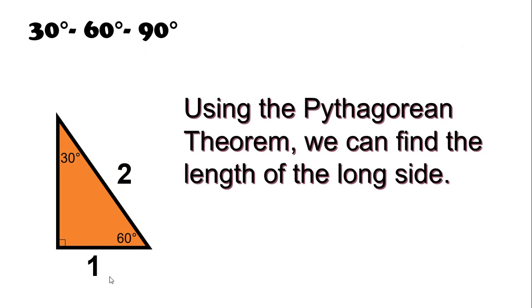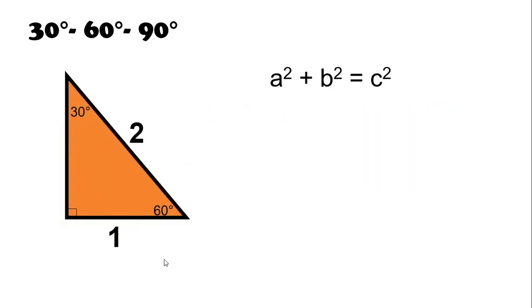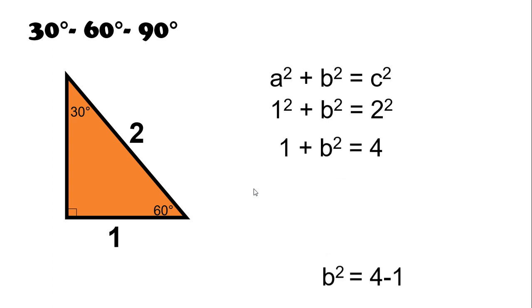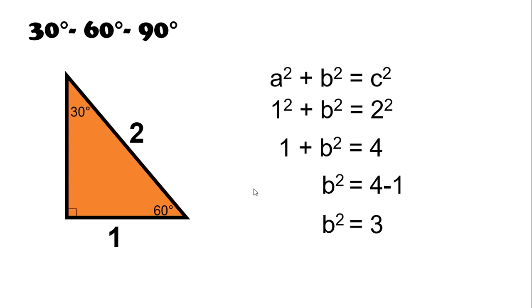So using the Pythagorean theorem, we can find the length of this side. Using the formula a squared plus b squared is equal to c squared, we simply substitute the values of a and c. So that will become 1 squared plus b squared is equal to 2 squared. To simplify, that will become b squared is equal to 3.